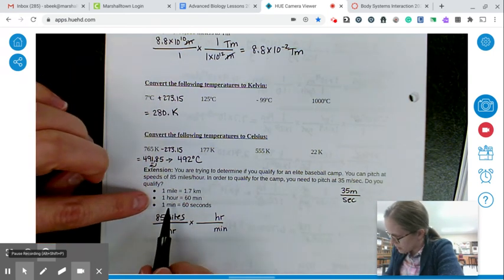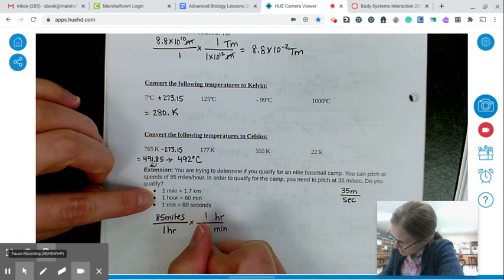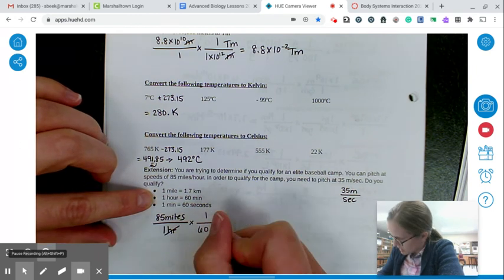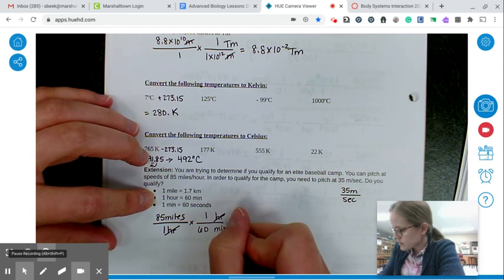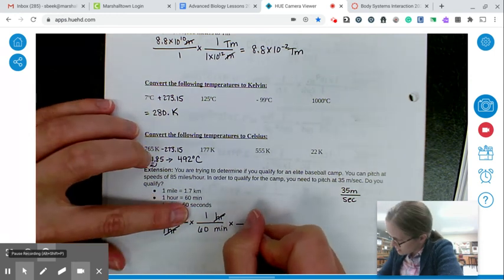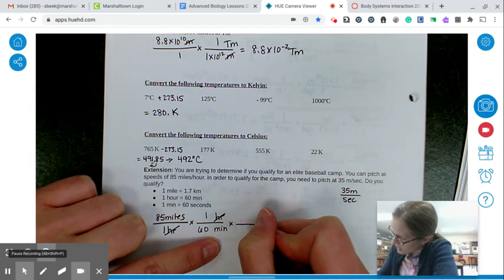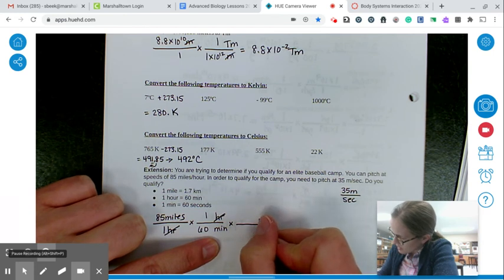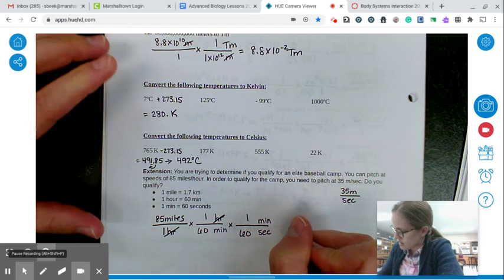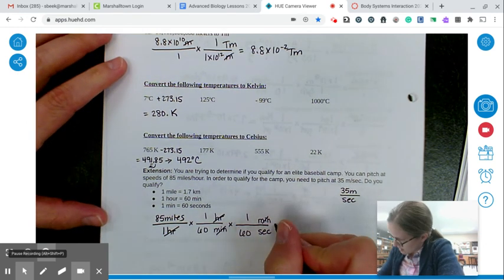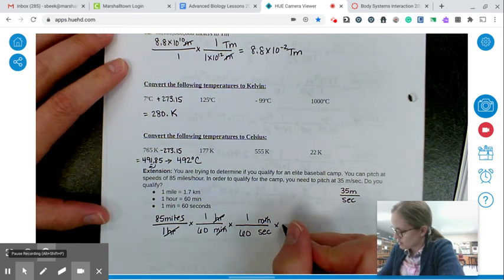In 1 hour, 60 minutes. Okay, so now if I solved it, I get miles per minute. So I'm still pretending that's not there, though. So now I want to get rid of minutes and take minutes to seconds, and a minute is 60 seconds. Okay, so now I'm at my seconds, so that's good.